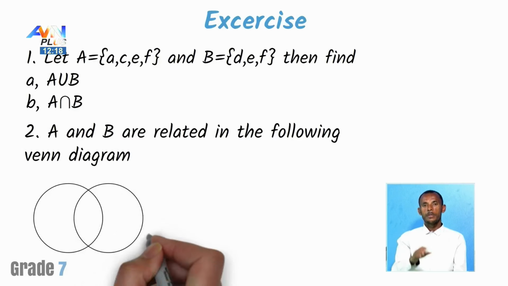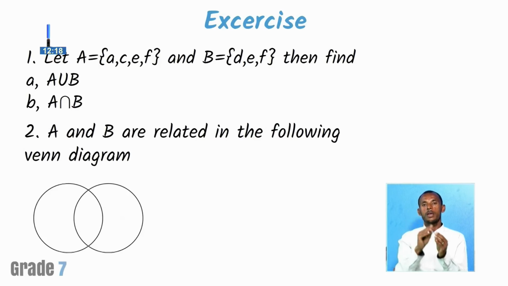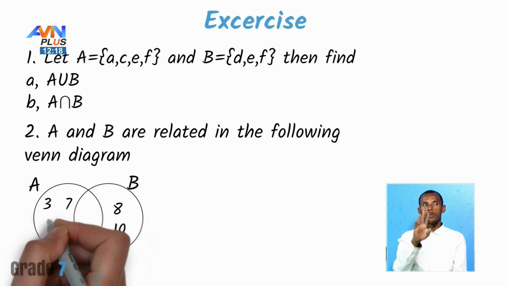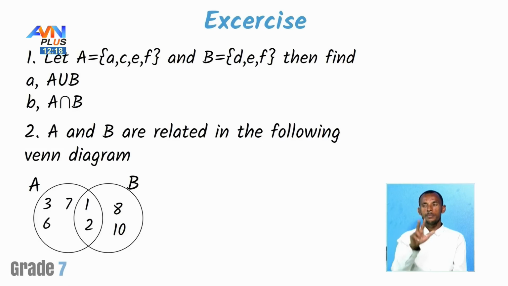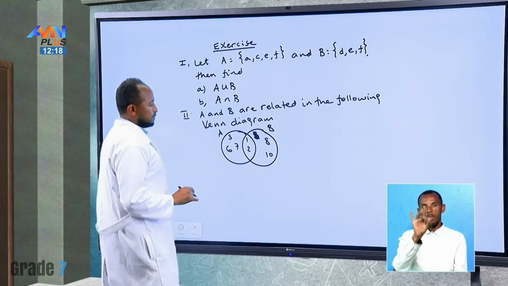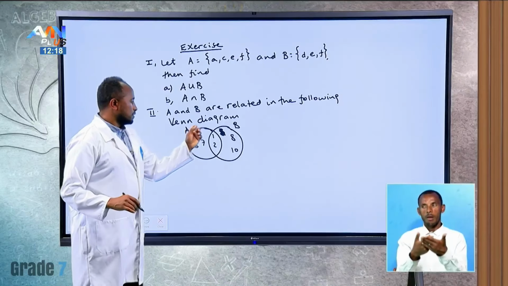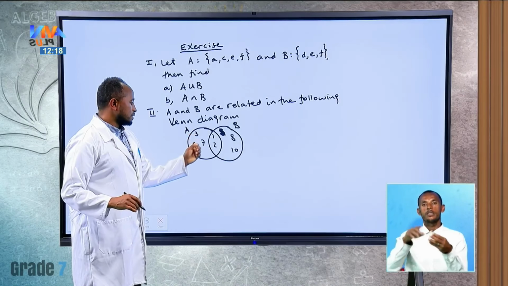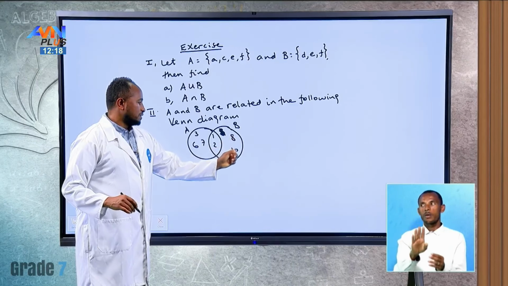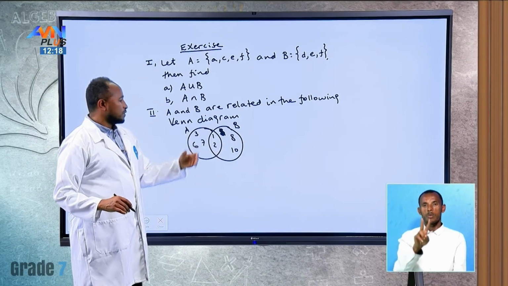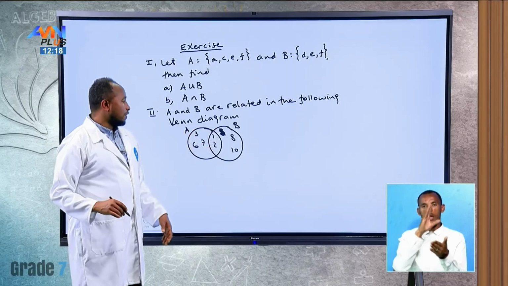Set A and set B. Here set A contains elements 3, 6, 7, 1, 2. In set B you have 8, 10, 1, 2. So A and B are related in this form.